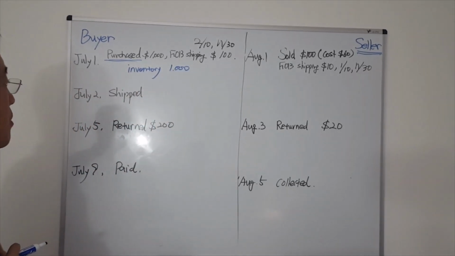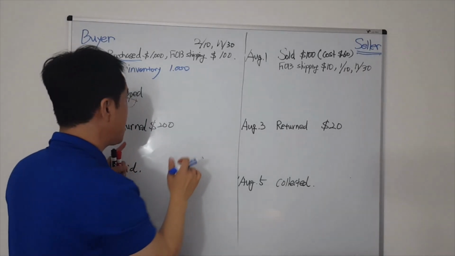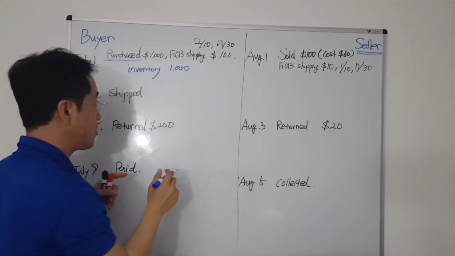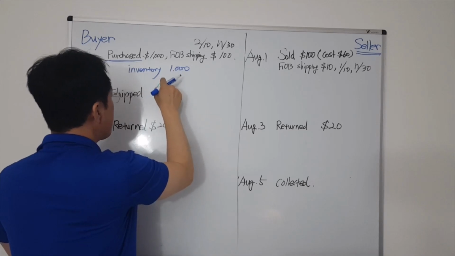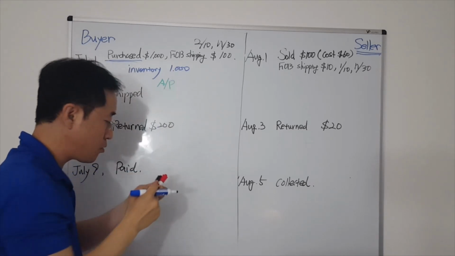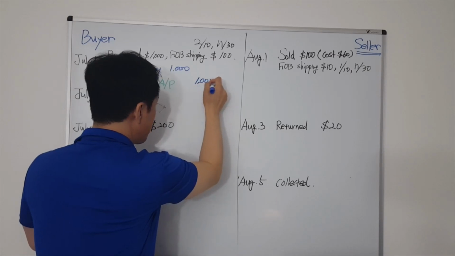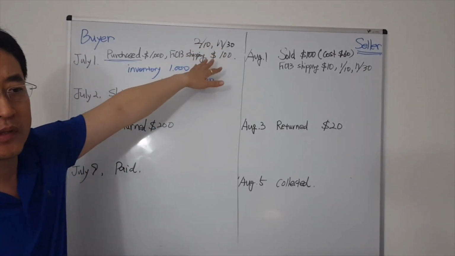Then, what about credit? Cash? No. That's accounts payable. How do I know that? Because we have a discount agreement.